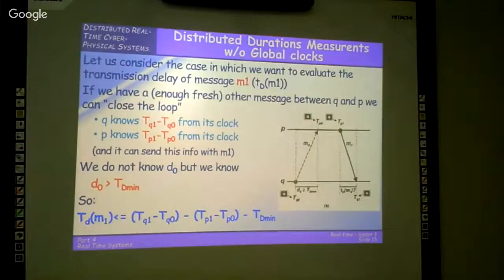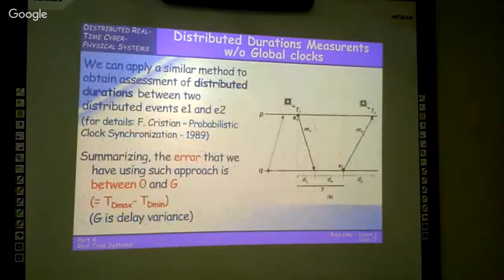And this is an upper bound for this duration. Okay. If I don't want an upper bound but just a rough measure, I could take this interval minus this interval and divide by 2. If I don't have any reason to expect that M0 was faster or slower than M1, I can take the sum of the two and divide by 2. Okay, so I can derive some of these observations.